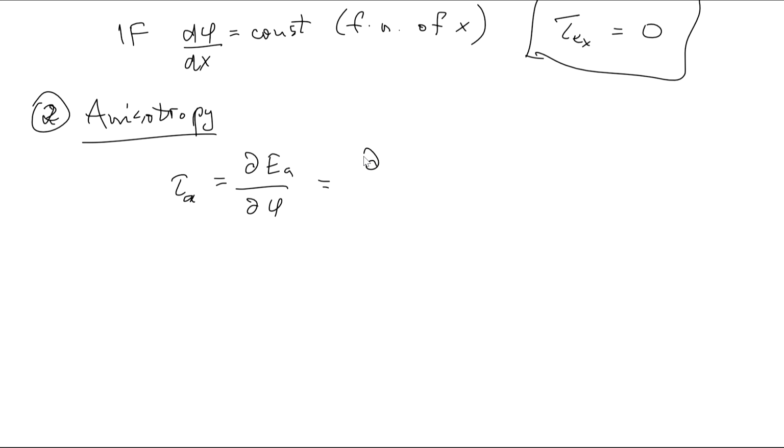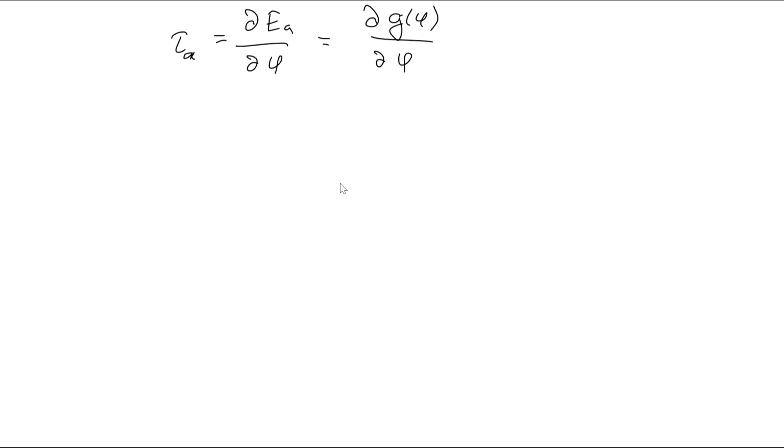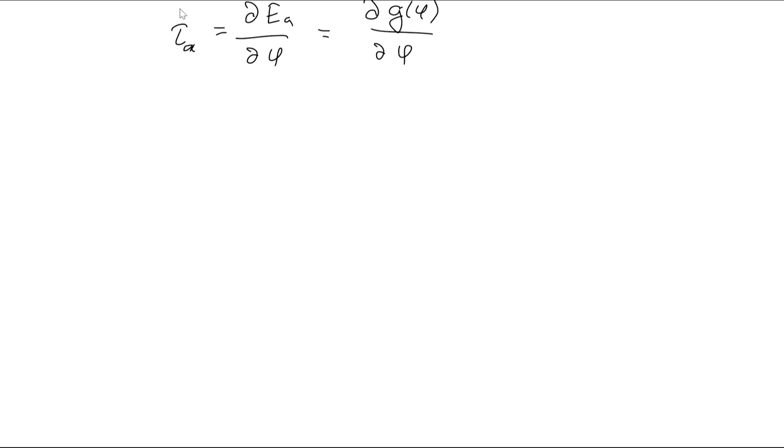Basically we have to take the derivative of that g function, which depends on the type of anisotropy we use. Now at equilibrium, these two torques apply to the system: torque due to the exchange and torque due to the anisotropy. They should be equal but opposite in direction. So that's in equilibrium.